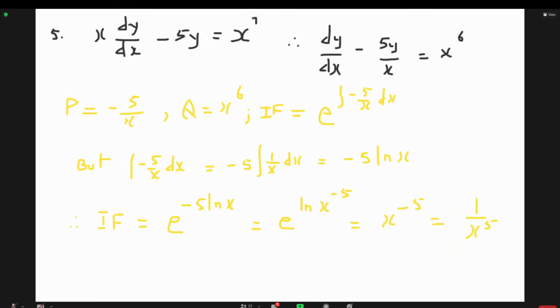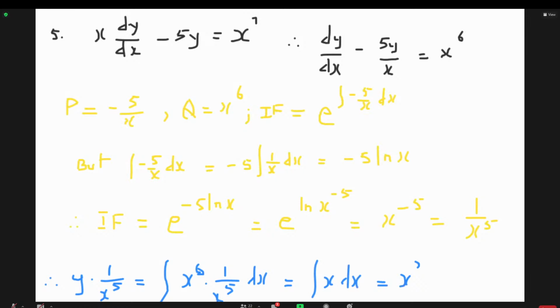So now we're going to substitute. So therefore y times 1 over x to the power of 5 is equal to the integral of q, which is x to the power of 6, by 1 over x to the power of 5 dx, which is the integral of x dx, which is x squared on 2 plus c.